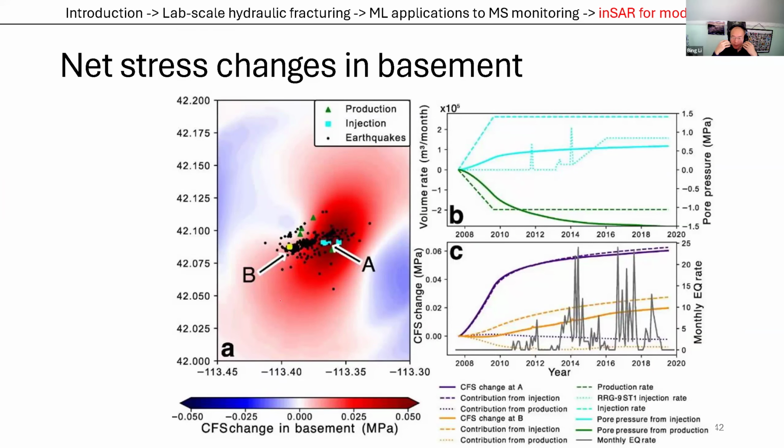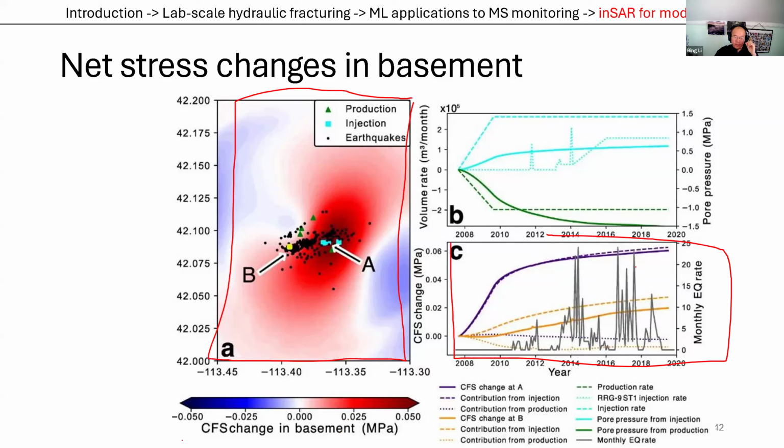Now, once we're satisfied that our model is well calibrated and is a good reflection of the physics that we're interested in, we can then look at the stresses, right? I'll start with this plot here. The color is now representing the change in Coulomb failure stress in the basement.